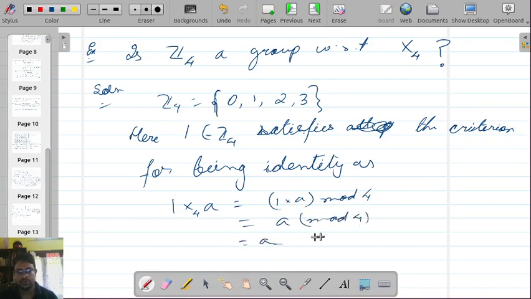So this is equal to a for all a inside Z4. So 1 is the identity.